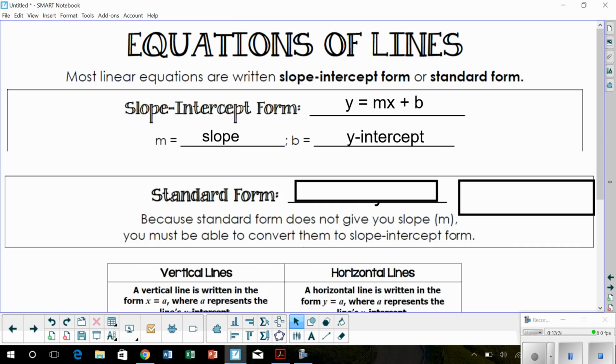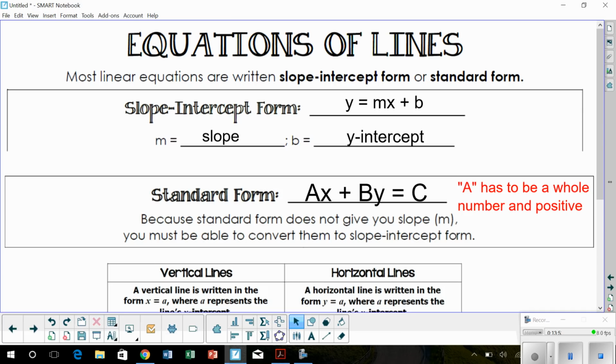Standard form you can get from the slope-intercept form, and vice versa. Standard form is ax plus by equals c, where there is one stipulation: a has to be a whole number and positive. Has to.